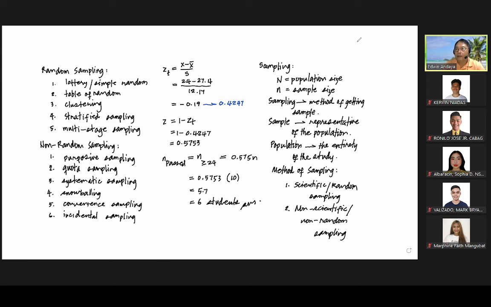Without looking at the number of examinees who took the exam, we use only the mean score and the standard deviation. And then by the use of the table value, we are able to get the number of examinees. That is a probability.